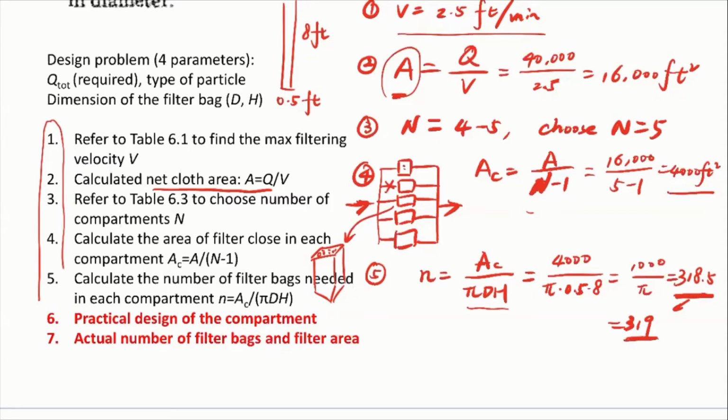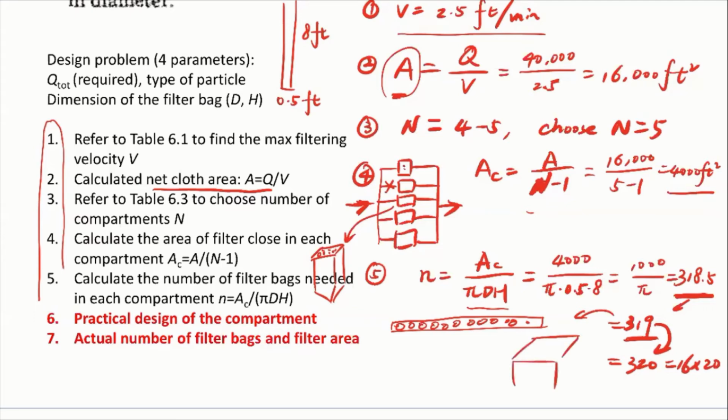So what that means is that if 319 is a prime number, we have to build a compartment that looks like a straight line there. We said this is not practical. So what we do is we'll further increase that to 320. So we know that 320 is 16 multiplied by 20, right?